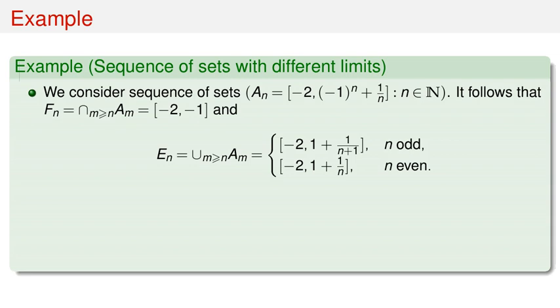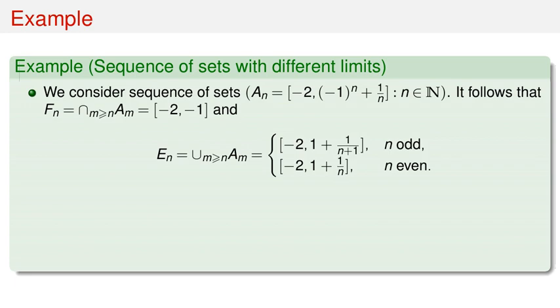Let's consider an example of a sequence of sets that might have different lim sup and lim inf. Consider the sequence of sets A_n equals the closed interval from -2 to (-1)^n plus 1/n for n in N. It follows that F_n, which is the intersection for m greater than or equal to n of A_m, is the closed interval from -2 to -1.